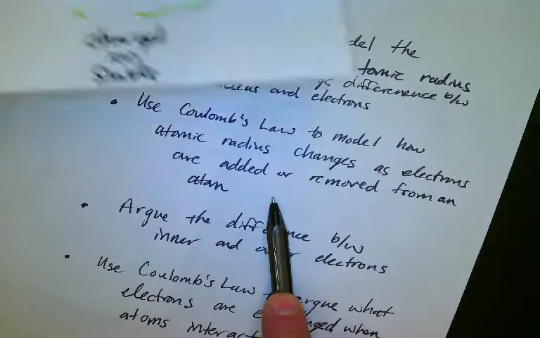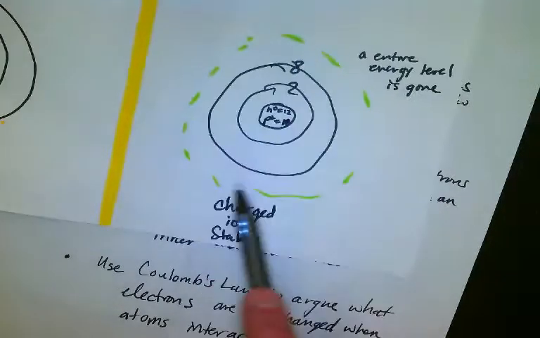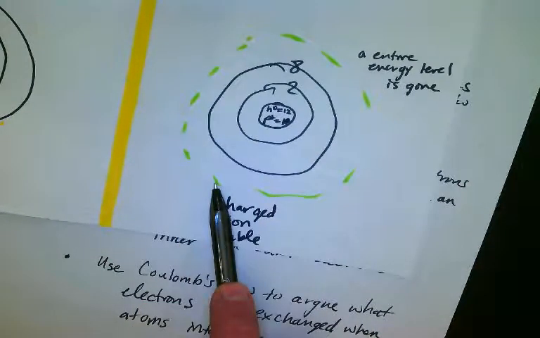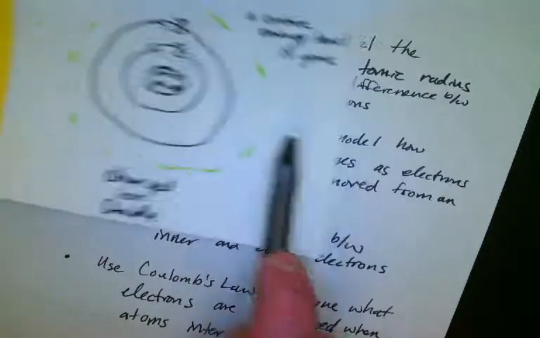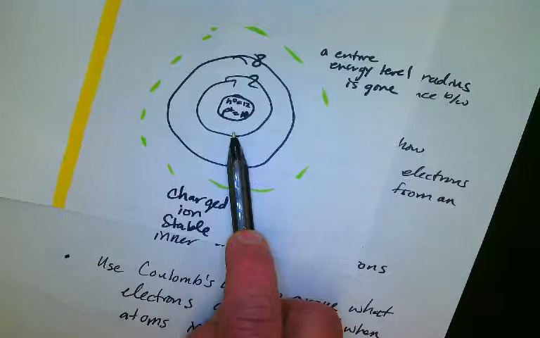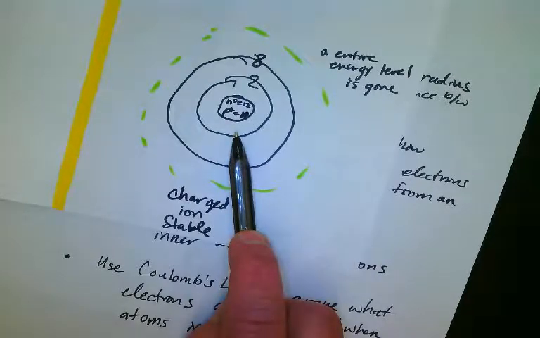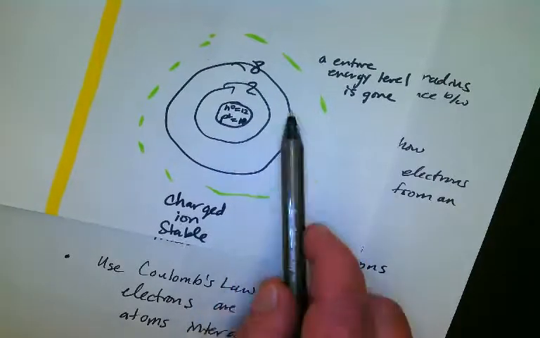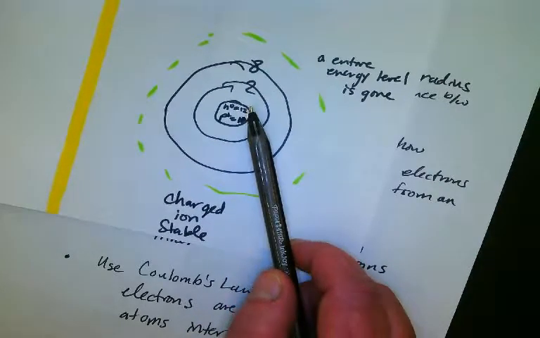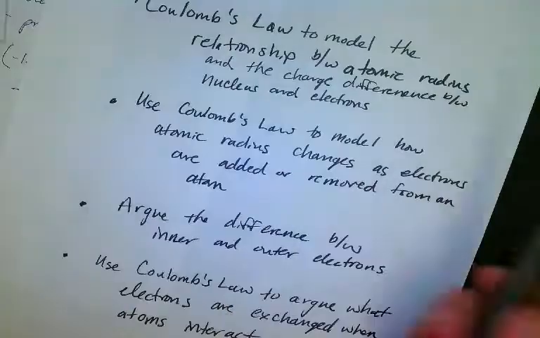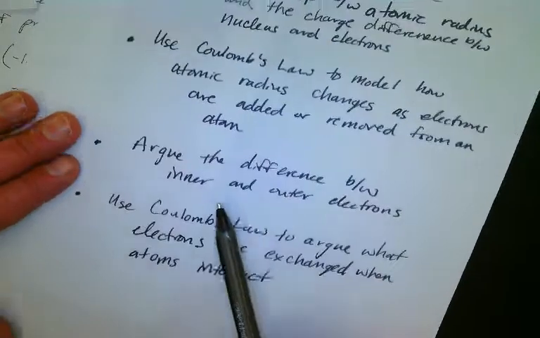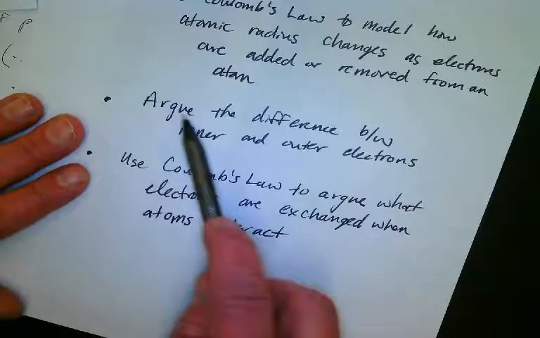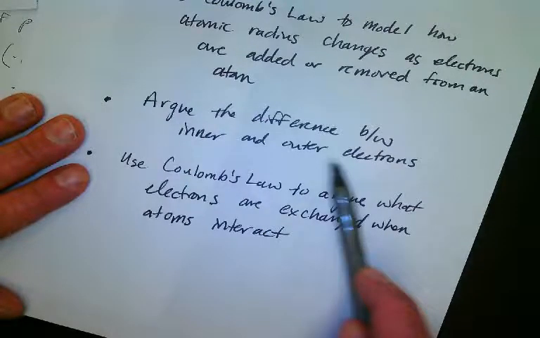Just so you know the picture right here, you can really describe that using numbers. Can you argue the difference between inner and outer electrons?